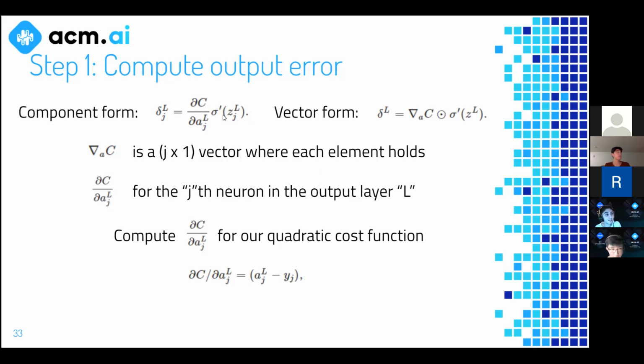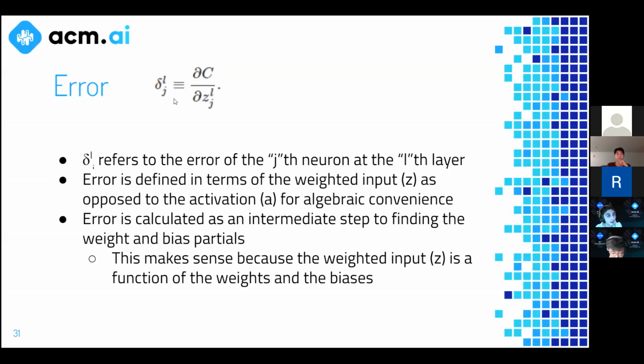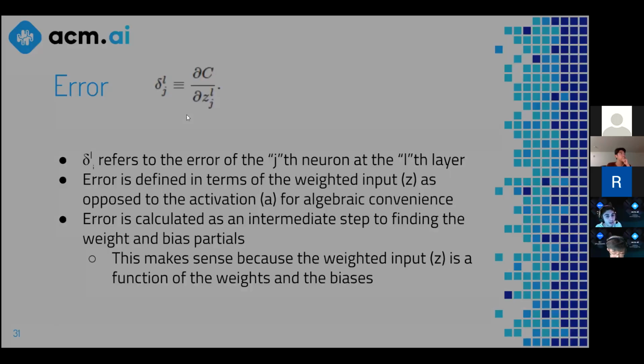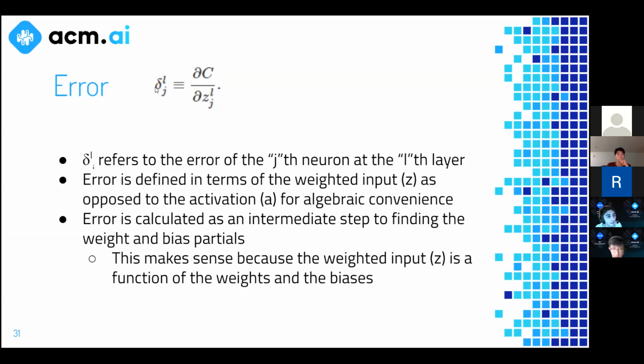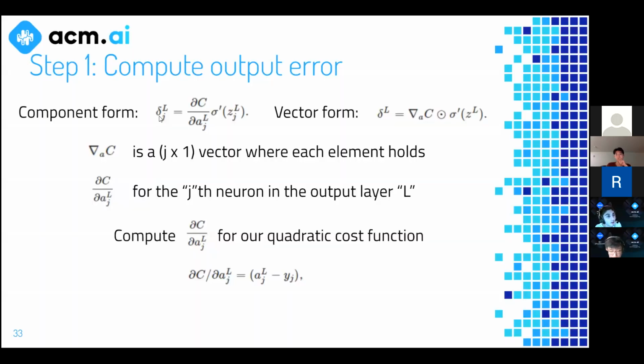If you're really curious, it's in the proof, and it comes from how we defined this error. Because we're calculating errors, it's all based on the way we defined errors, and that's all explained in that proof tiny URL. So this is the formula in component form, and this is that same formula in vector form.